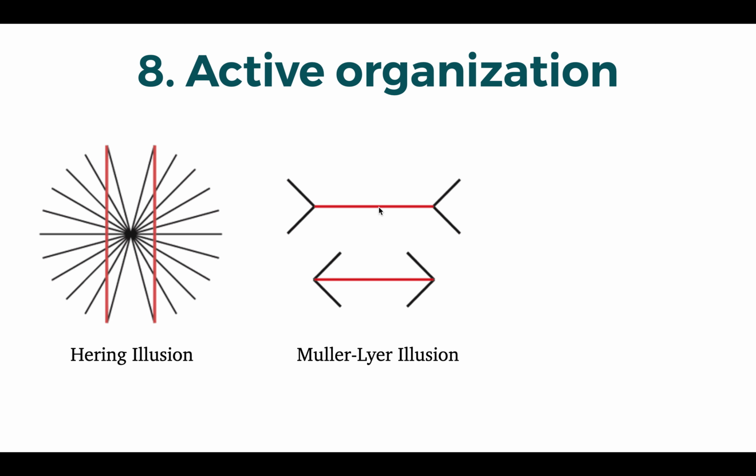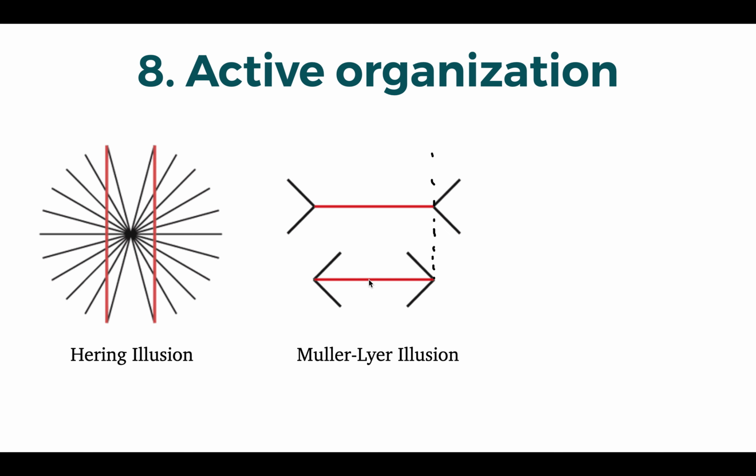Now, because of the way that we interpret these two things, this line no longer looks the same length, even though it is the same length. These two lines are the same length. So I meant to do some drawing here so that you would believe me when I say these things. So hopefully I line these up properly.